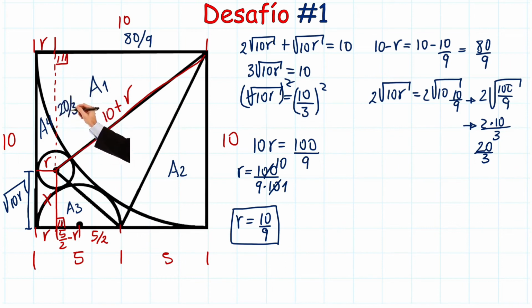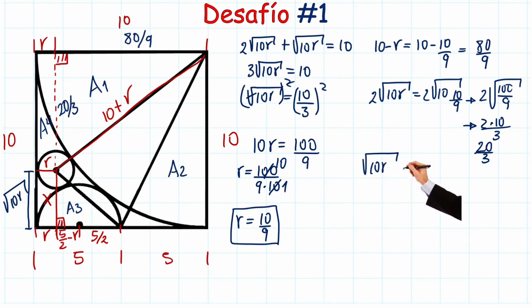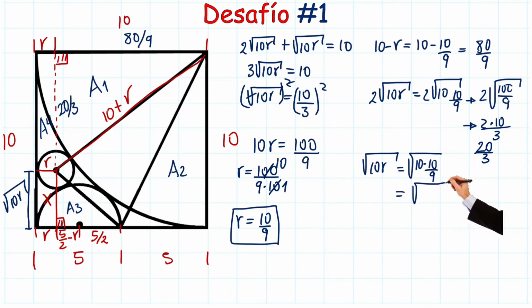20 thirds, perfect. And we're going to look at this part here, so we could take away 10 minus 20 thirds, which should give us this here, but we're also going to apply this here now. The square root of 10r, but r is worth 10 ninths. So 10 times 10 ninths. What remains for us is the square root of 100 ninths, and the square root of 100 is 10, and the square root of 9 is 3.